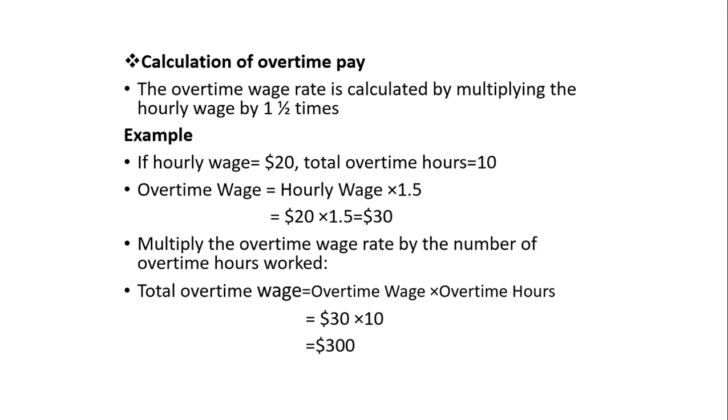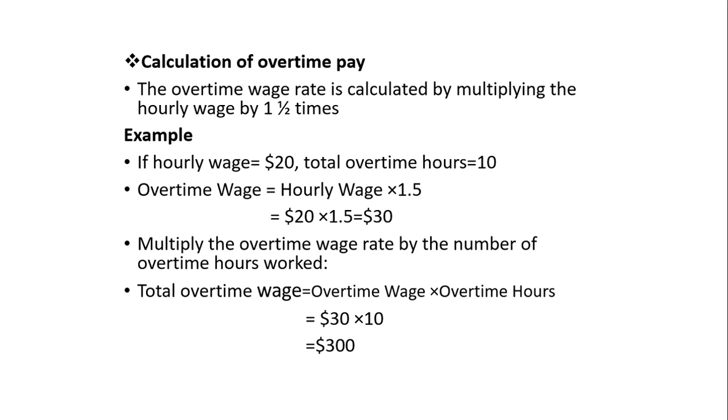To calculate your overtime wage, first of all, you multiply your hourly wage by how much you are supposed to be paid for an hour of overtime. The hourly wage, as mentioned, is $20, and for every worker, if you work overtime, you are supposed to be paid 1.5 times your normal salary.